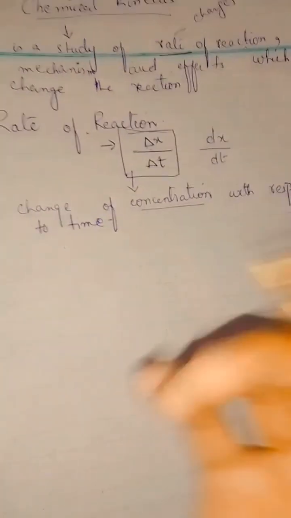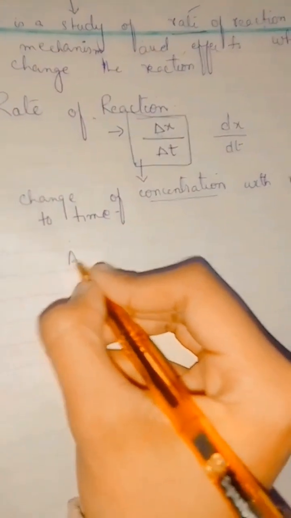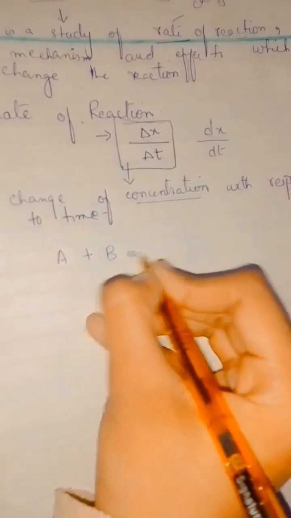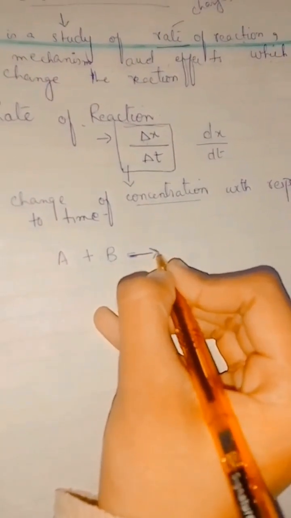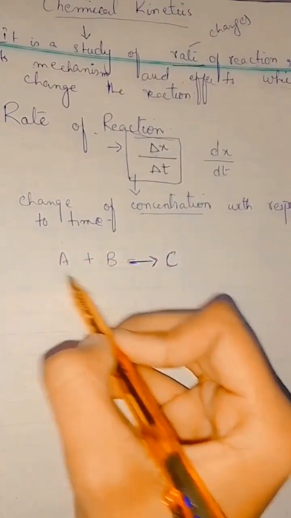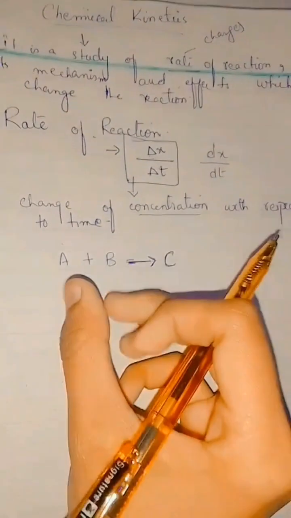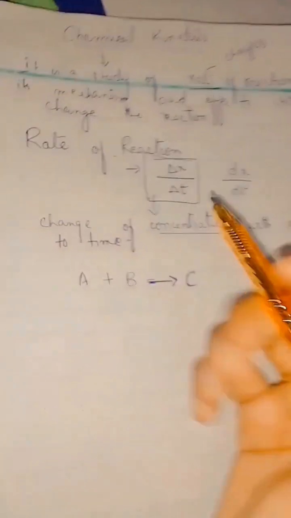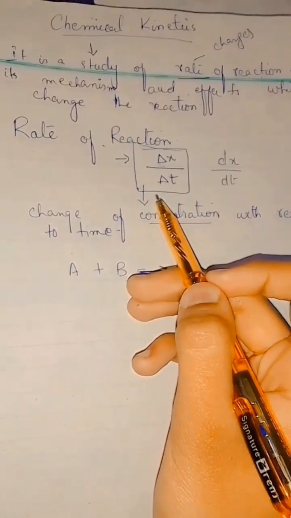For example, if I write A plus B, that is the reactants, and they make a product, that is C. Now the change of the concentration of that reactant with respect to time is known as the rate of reaction.